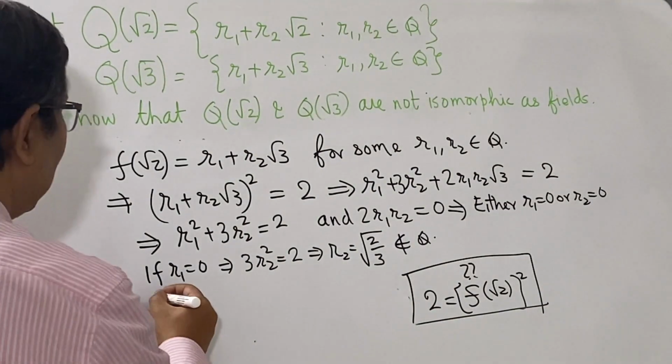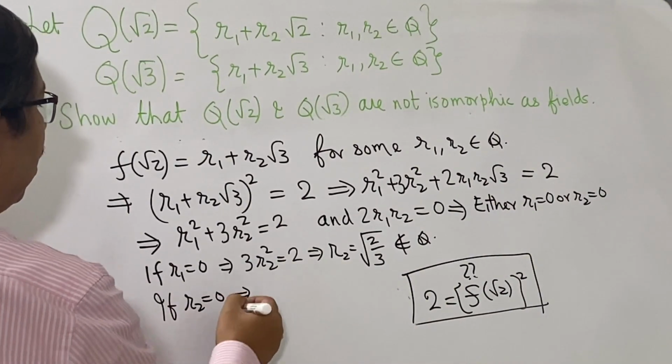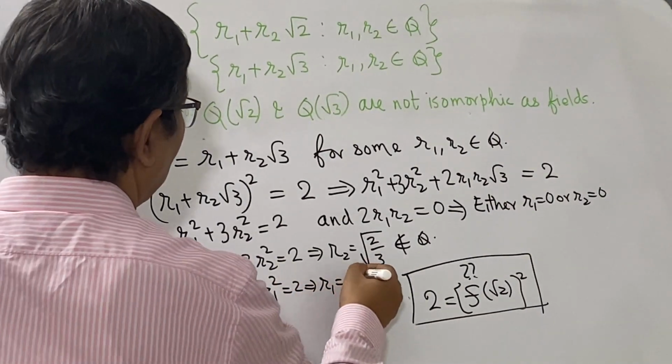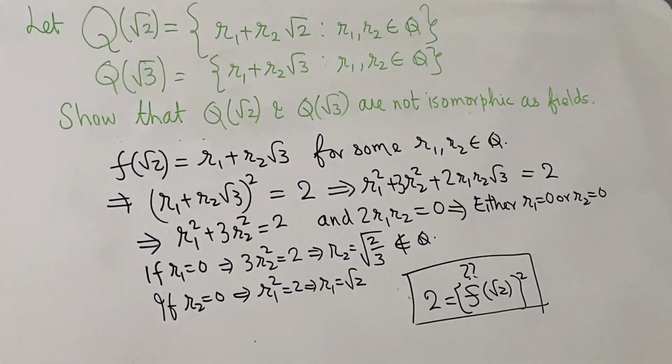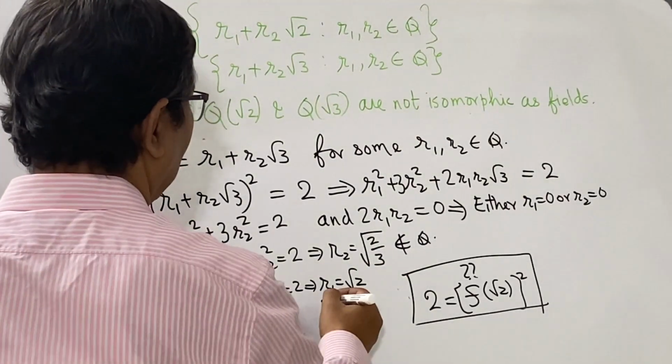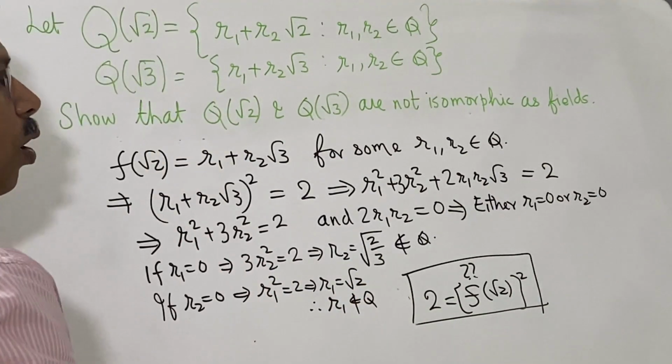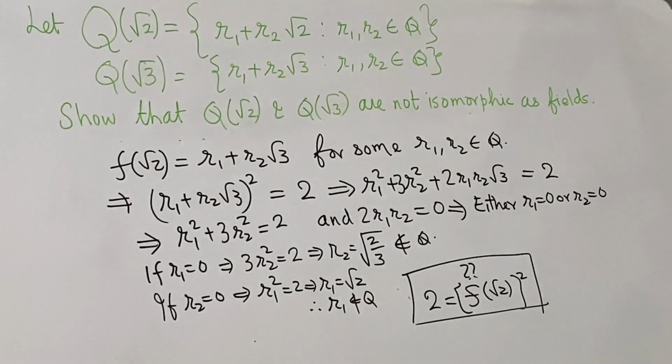Now, if r2 is equal to 0, that means r1 square is equal to 2 or r1 is equal to root 2. Again, we know that root 2 is an irrational number. So r1 in this case does not belong to Q, which is a contradiction. So if r1 is 0, we have a contradiction. If r2 is 0, we have a contradiction.